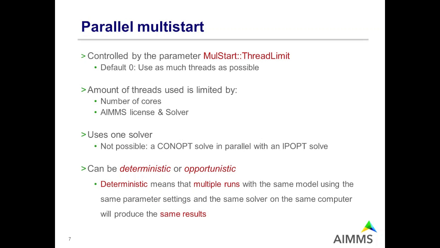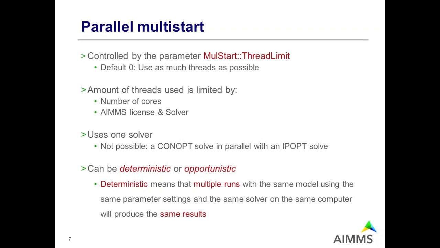Important to know is that it uses only one solver, for instance CONOPT. So it is not possible to use CONOPT for one solve and, in parallel, an IPOPT solve. There are no limitations from the AIMMS point of view, because AIMMS allows it, but the multistart algorithm has not been developed to use multiple solvers in parallel.